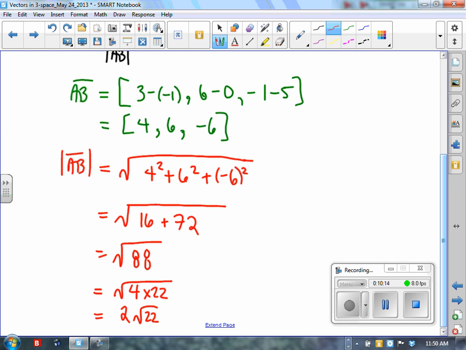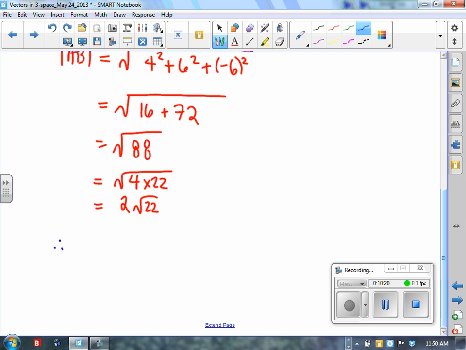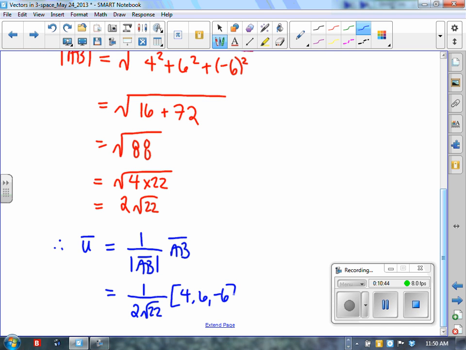Okay, so therefore our unit vector, call it u, which we have said is 1 over the magnitude of AB multiplied by AB, is going to be 1 over 2 root 22 multiplied by the vector representation 4, 6, minus 6.